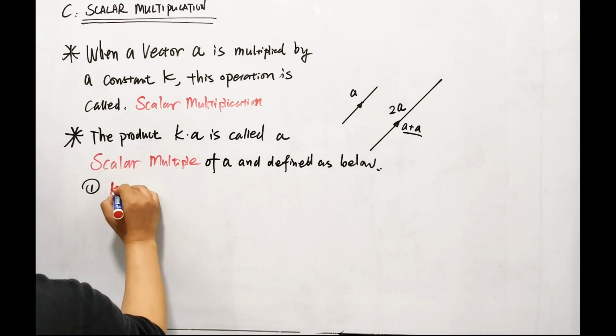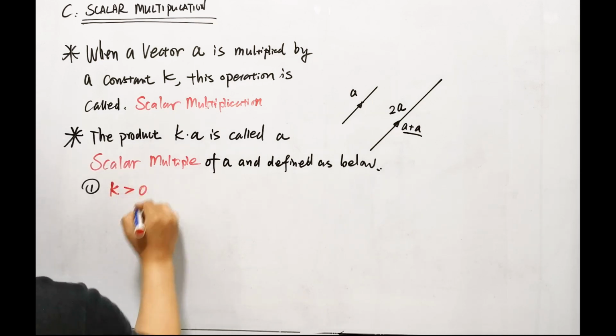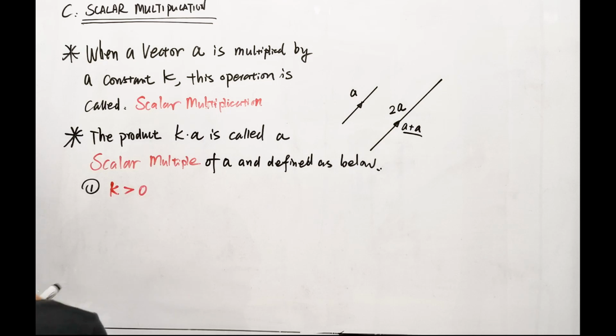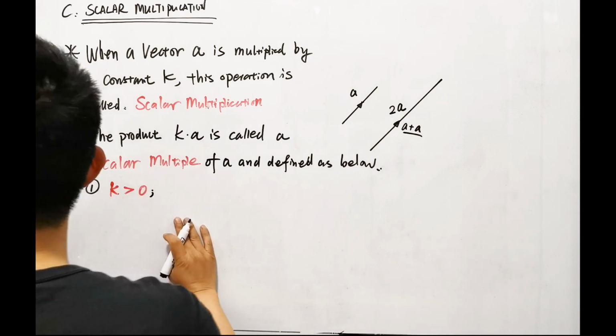First one. When this K is greater than 0, what do we get?